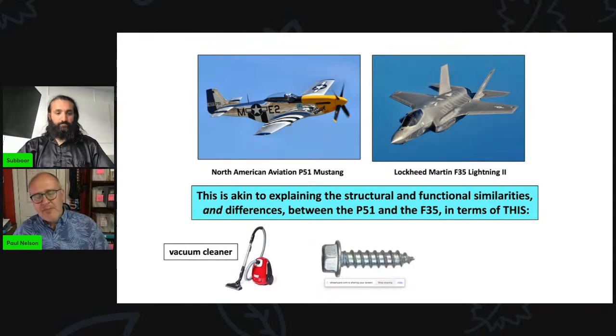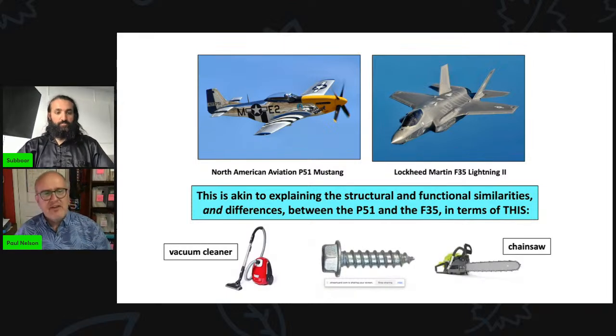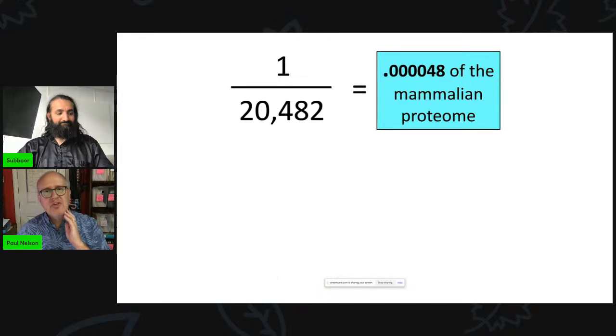Or you can find the same screw in a vacuum cleaner or a chainsaw. Now, this is a problem because evolution, after all, is not a theory of similarity. It is a theory of transformation.